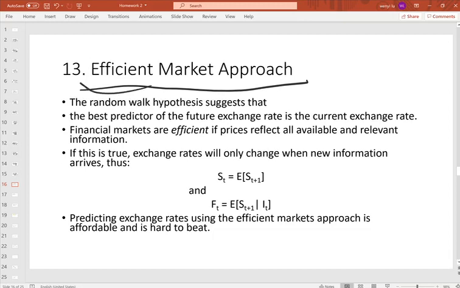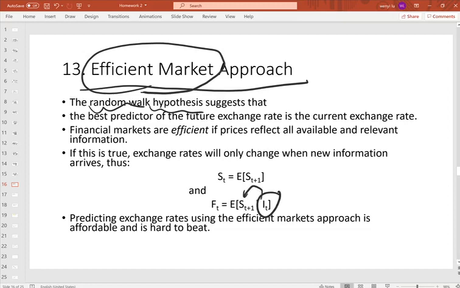In the efficient market approach, we're assuming the market is efficient. If the market is efficient, it means the market is absorbing all the information from today's market. So our random walk hypothesis holds, and all information will be reflected in our exchange rate.